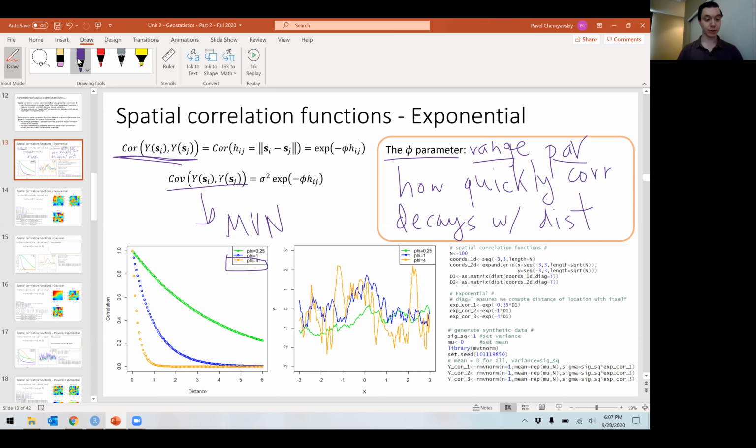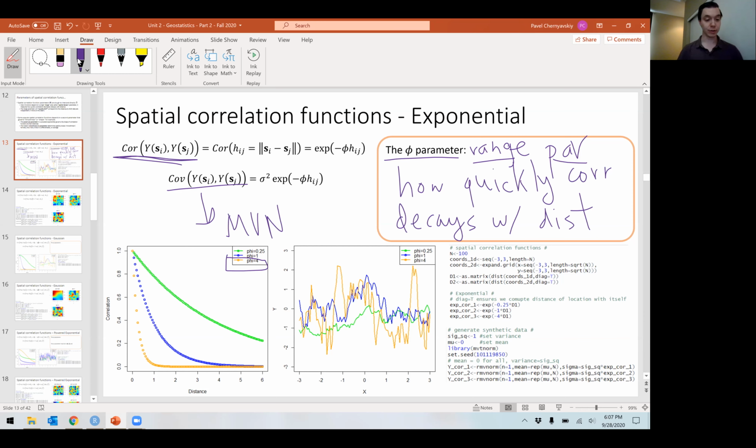The green line indicates that when we're out here at a distance of 6, we are still correlated at a clip of 0.3, whereas the blue line, at a distance of 6, is no longer correlated. So when you're applying software to a problem, you really have to dig into how they parameterize their correlation functions, and that is really annoying. And we'll see a workaround in a little bit.